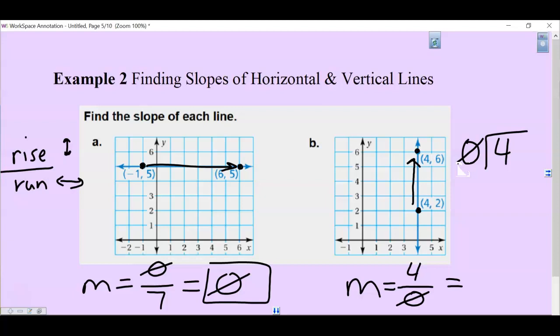And, well, there isn't any, at least that we know of. But as far as our definition of division is concerned, there is no truly defined answer here. So the slope of any vertical line, we call that undefined.